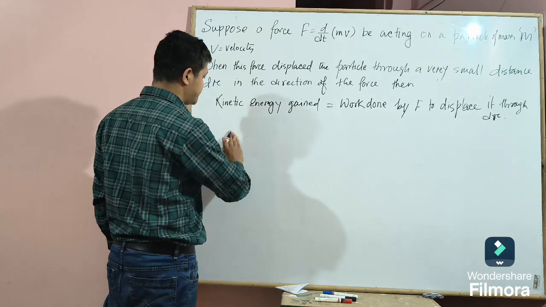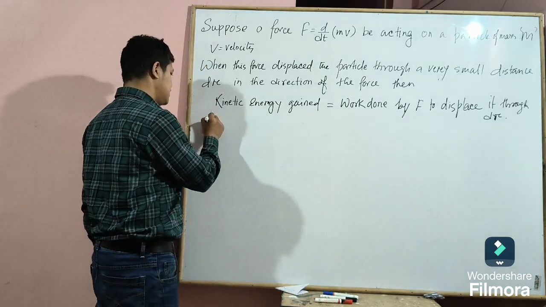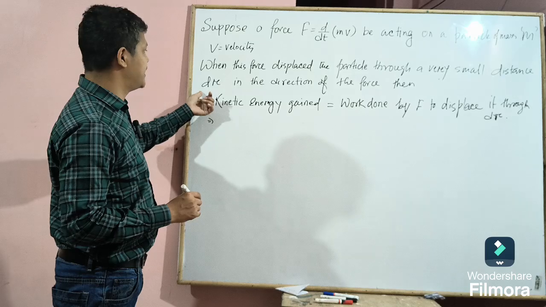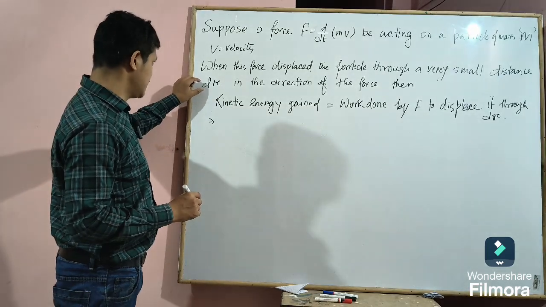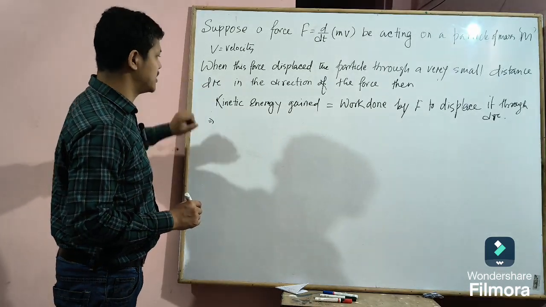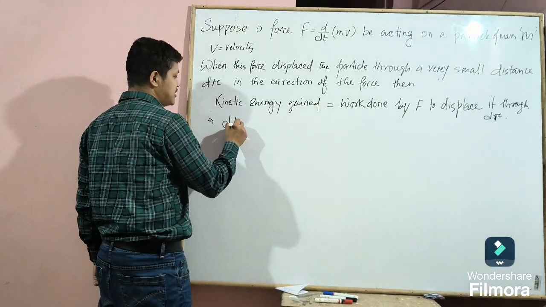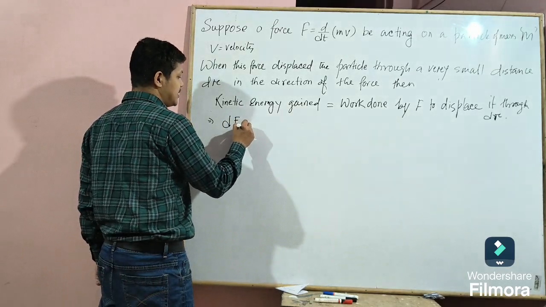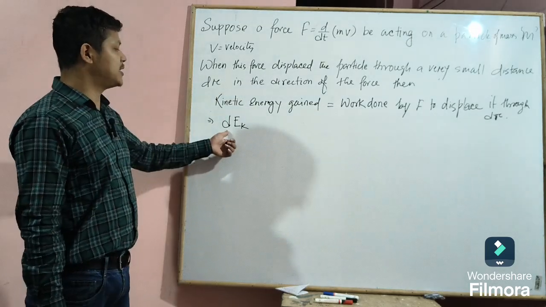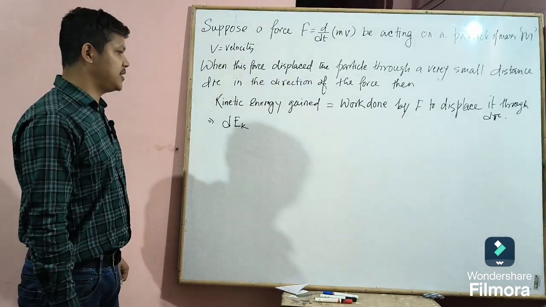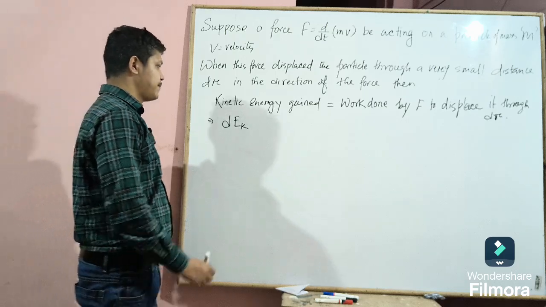Now there is a very small increase in kinetic energy. Let me represent it by dEk, where Ek represents kinetic energy. dEk means a very small gain in kinetic energy.